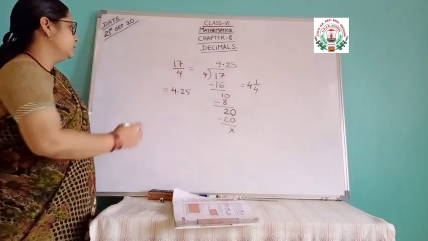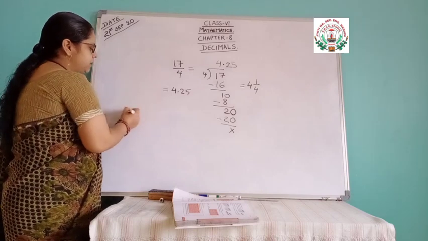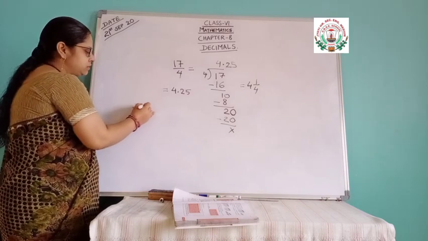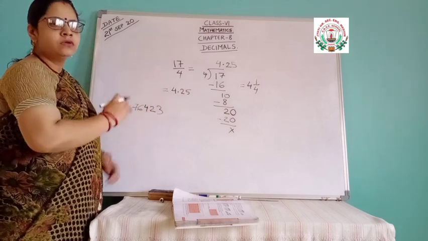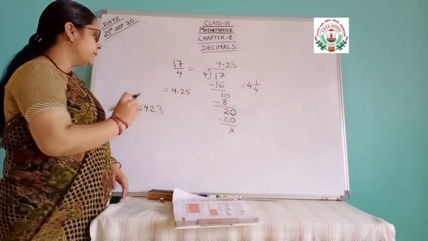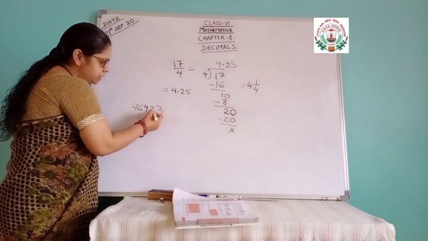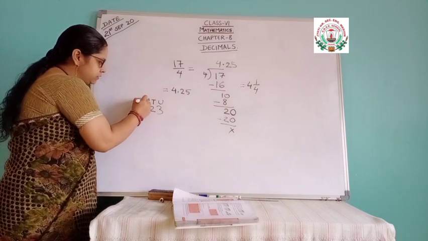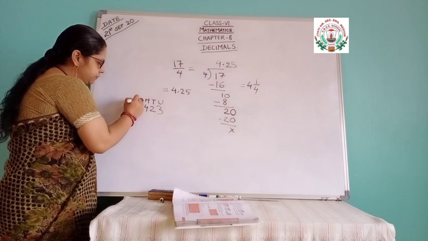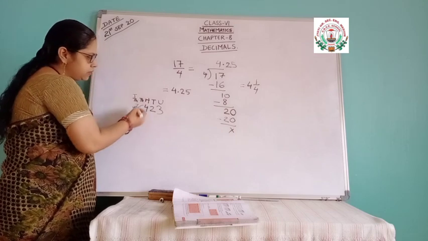Now, suppose any number 7, 6, 4, 2, 3. If I ask you to split it according to the number system, how will you write it? Units, tens, hundreds, thousands, ten thousands.